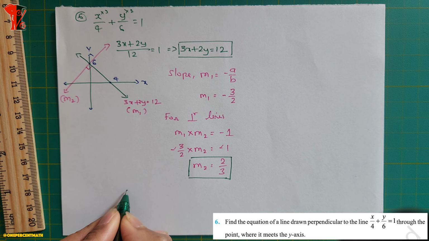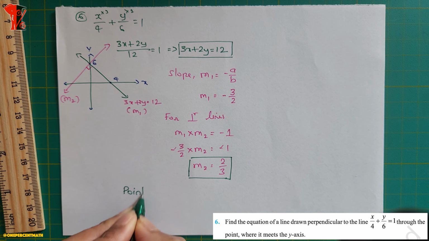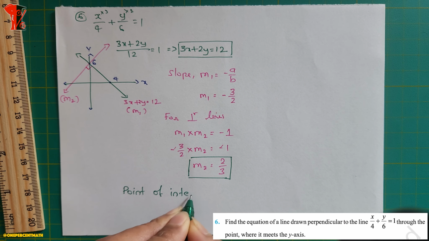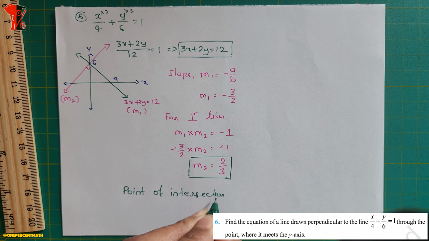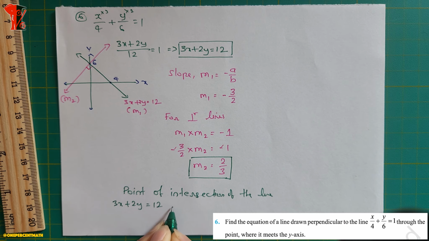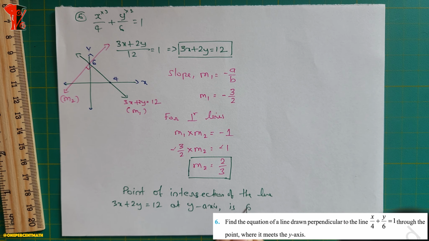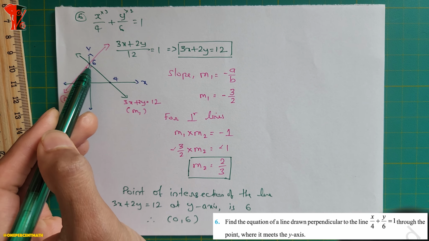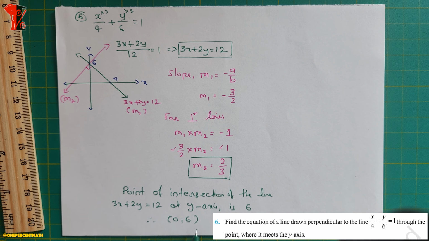So the point of intersection of the line 3x plus 2y is equal to 12 with the y-axis, we already know, is 6. So how can I write the point? The point as (0, 6), right? On the y-axis, x is 0. So it becomes (0, 6).